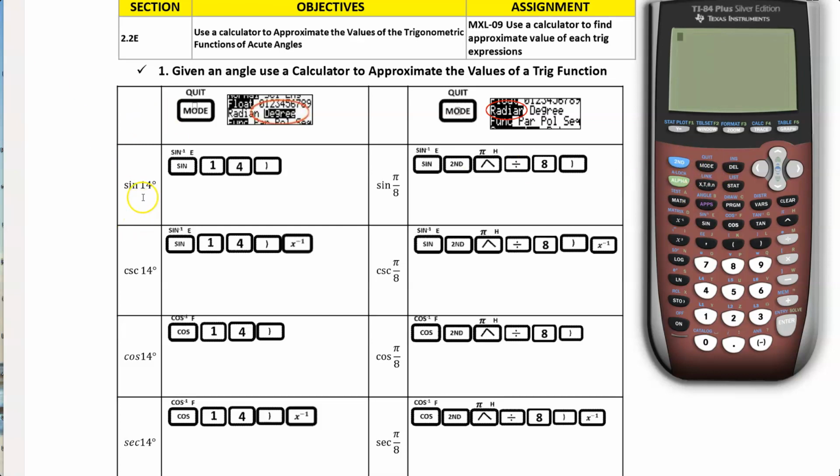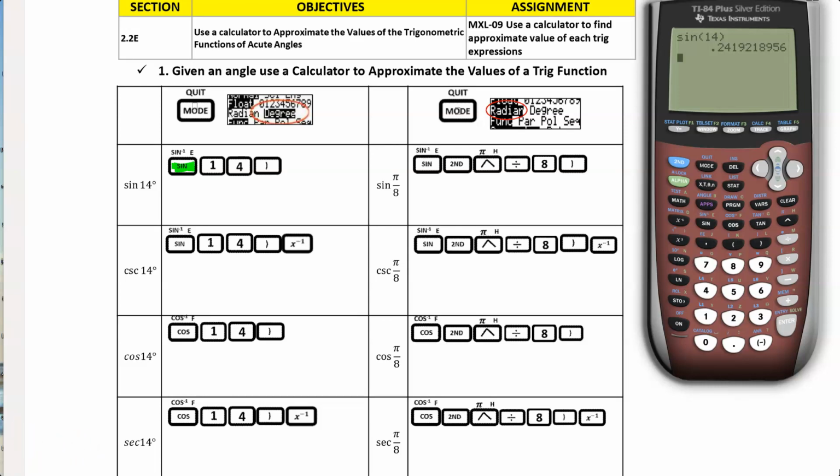Now if I want to find the sine of 14 degrees, I'm clicking the sine key. So I just type in sine 14. It knows it's degrees, parenthesis, enter. And it's saying round these answers to, I believe on your Math Excel, 2 decimal places.